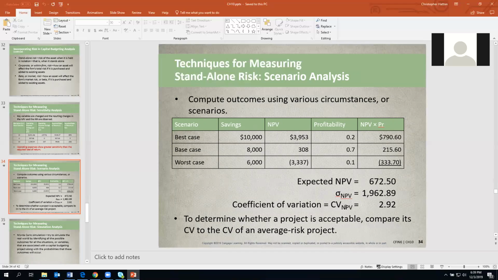And we're looking at using net savings, your net present value, profitability quotient, and your net present value times your profitability quotient. Those are kind of the numbers that we're going to compare to. So you can get a range of possibilities. So you've got your best case, base case, and worst case.